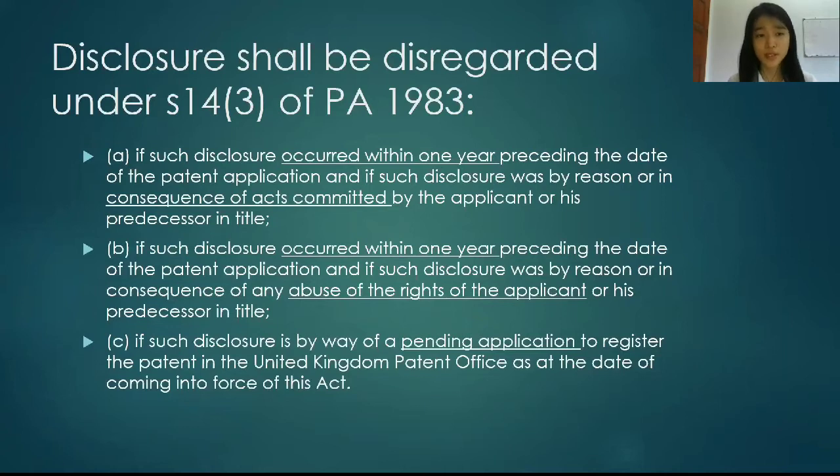The second is if such disclosure occurred within 1 year, same as the previous one, preceding the date of the patent application, and if such disclosure was by reason or in consequence of any abuse of the rights of the applicant or his predecessor entitled.